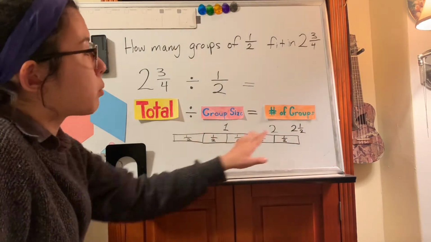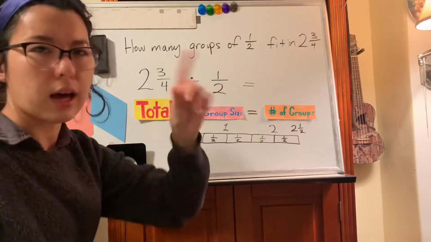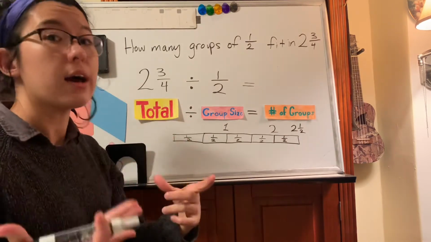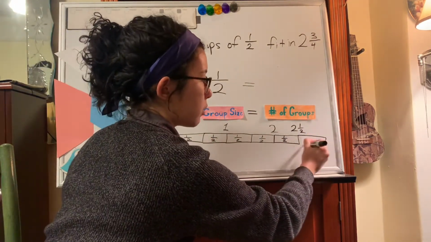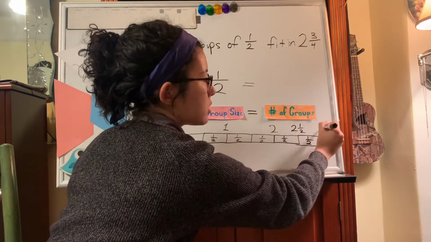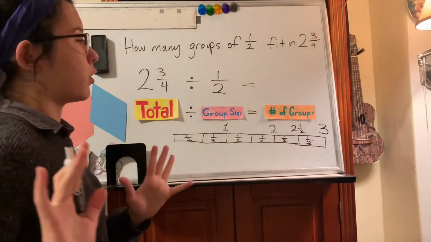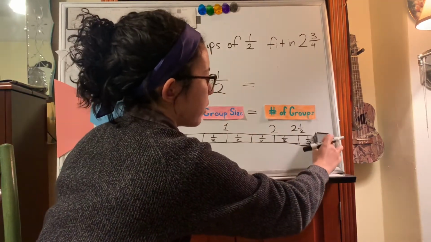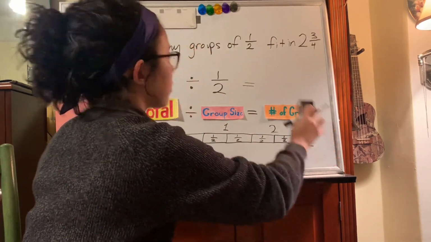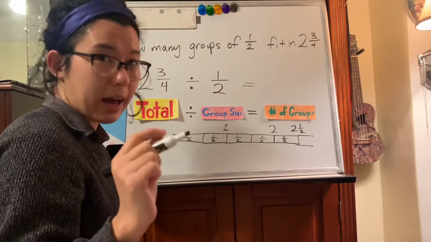Yes, there are, but we're not quite at 2 3/4, so we need to add a little bit more. But we can't add another whole 1/2, because if we do, look what would happen over here, we'll get all the way to 3, and that's too much. We've gone too far.